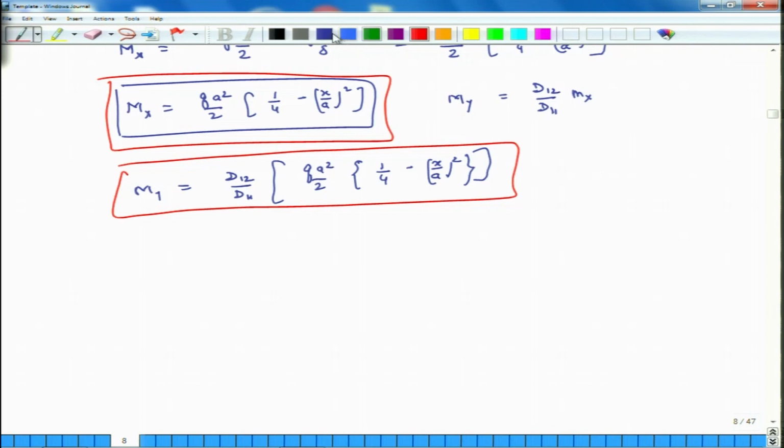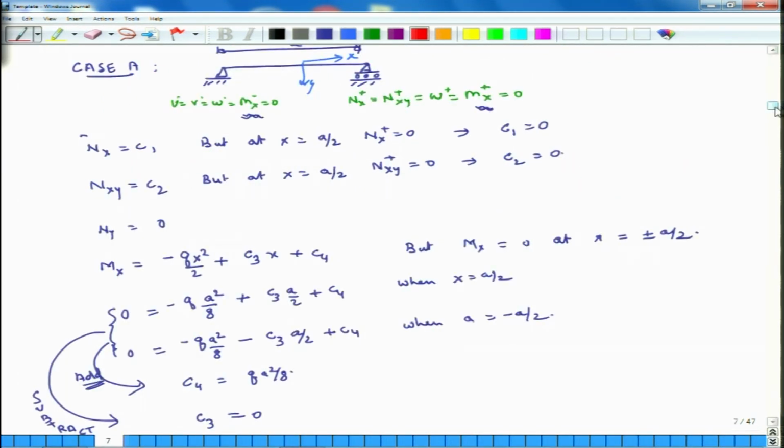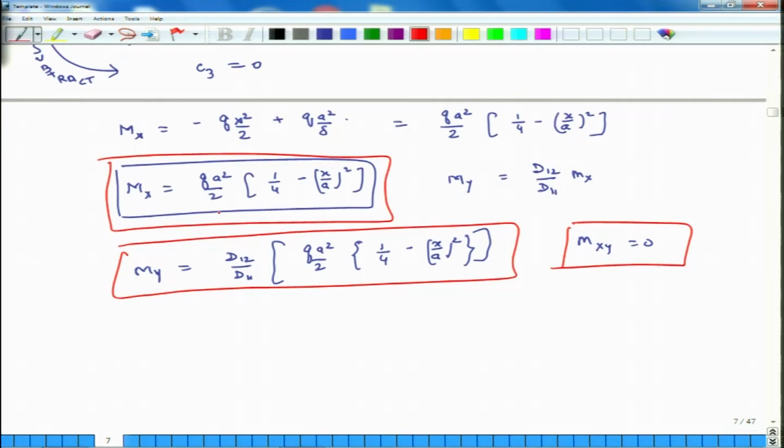And then of course mxy is 0. So, what we have done so far is nx is 0, ny is 0 and nxy is 0. And mx is not 0, it is q a square over 2 times 1 over 4 minus x over a whole square, and my is nothing but mx times d12 over d11, and mxy is 0.